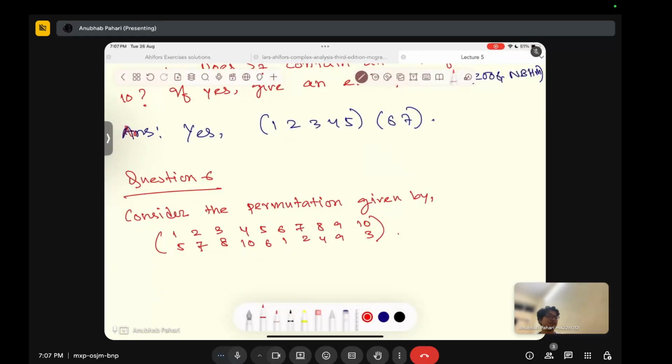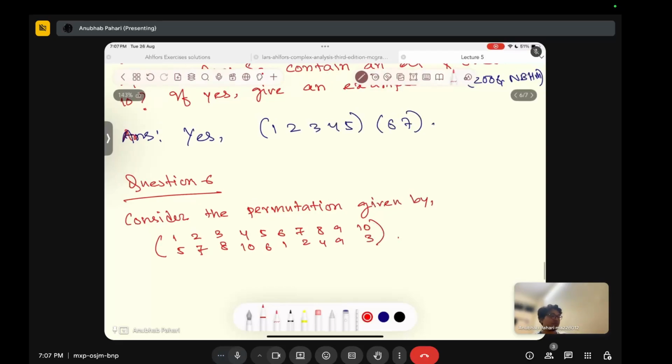Now find the order of the permutation. It's 12.